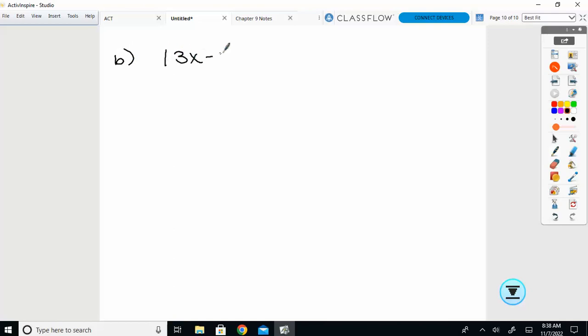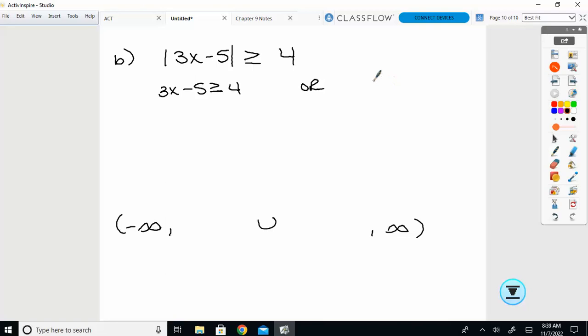Let's talk about when we did the inequalities. So if I said this, what do I have to do? 2 equations. Is this an and or an or? Or. So that means I would expect my answer to be like negative infinity to something, union something to infinity, right? Those are what we get for the ors. So we do the first one. Or how do you do the second one?